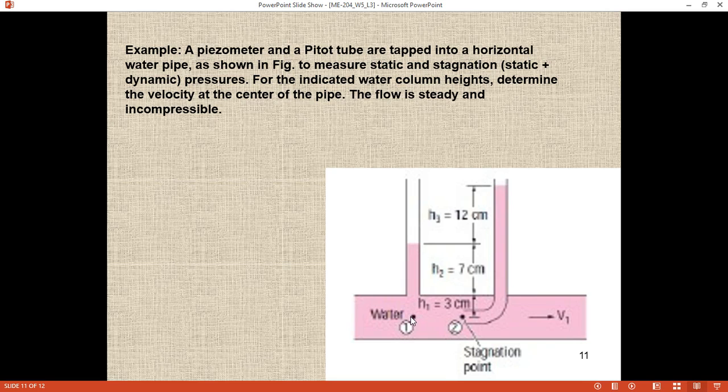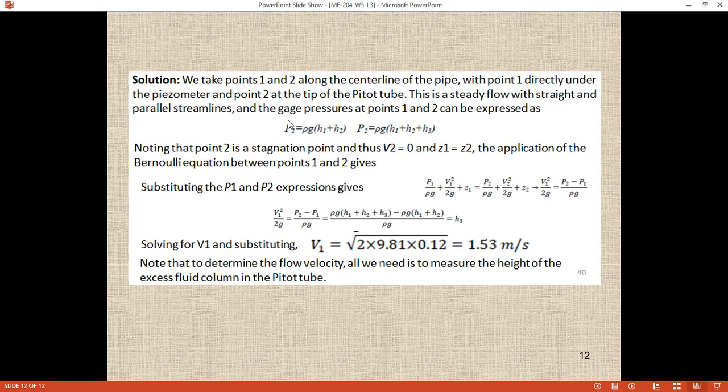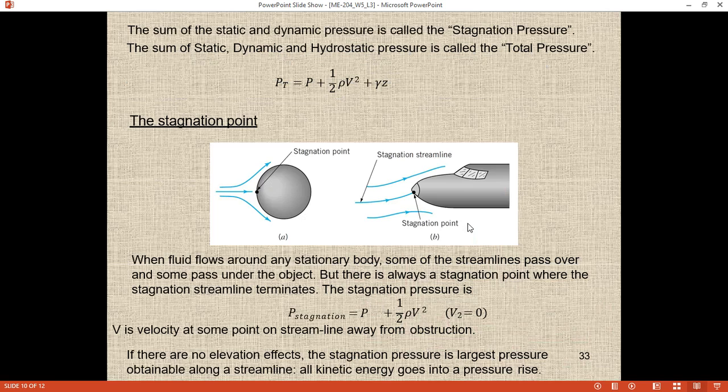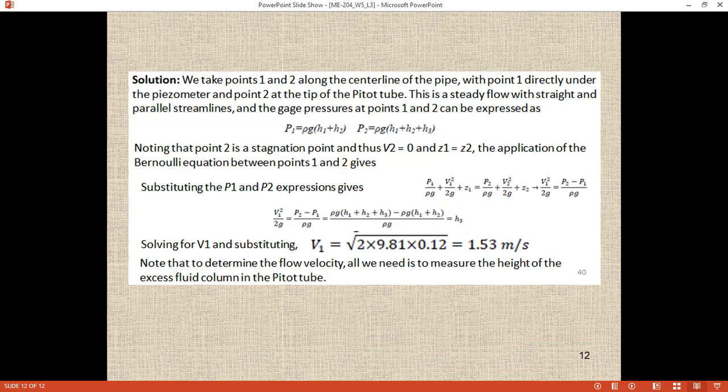From here to here there is a height of the column, that is H, 3 centimeter, and here to here H2. So the static pressure P1 is equal to rho g into H1 plus H2. Now the pressure at point 2 is equal to rho g into H1 plus H2 plus H3. So this will give you the pressure at point 2.